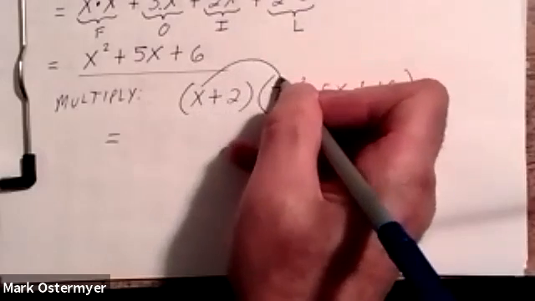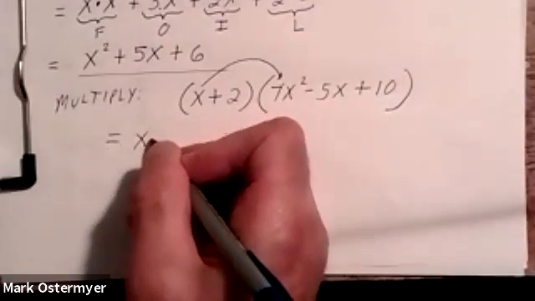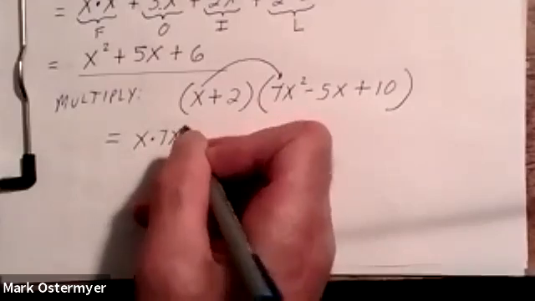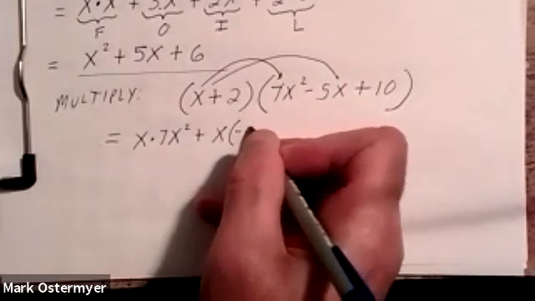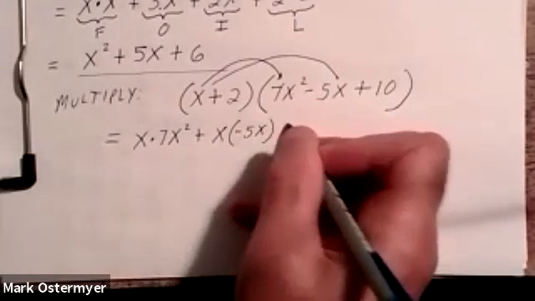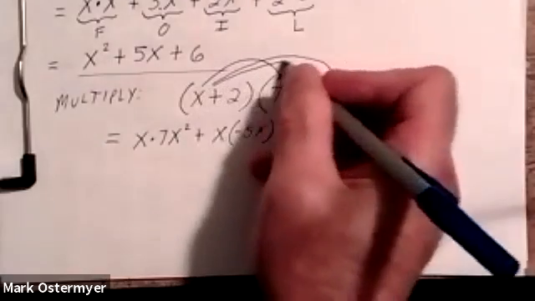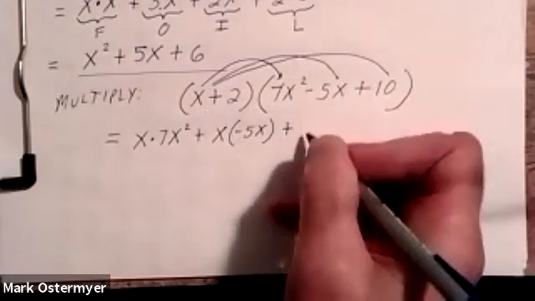So we'll take x times 7x squared, plus, we'll take x and multiply it by negative 5x, plus, then we'll take x and multiply it by 10.